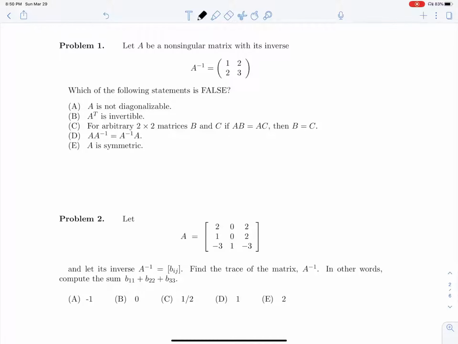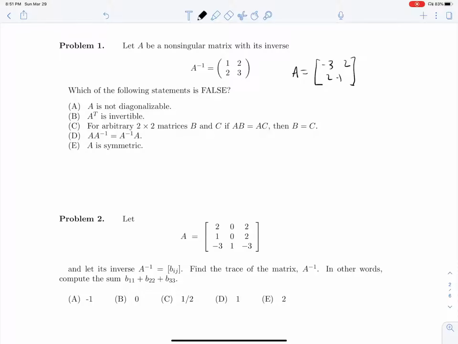So finding the inverse of this guy, we are going to flip the A and D entries. So A is equal to 3, 1, -2, -2. And we're going to divide by the determinant of A inverse, which is 3 minus 4, so -1. 1 over -1. So there is A right there.